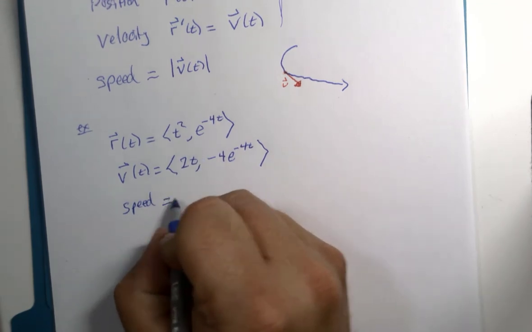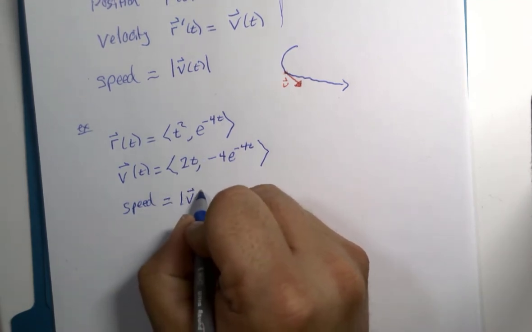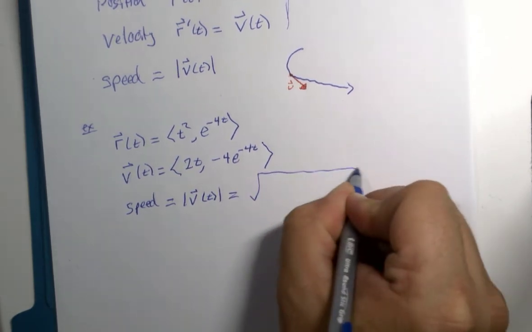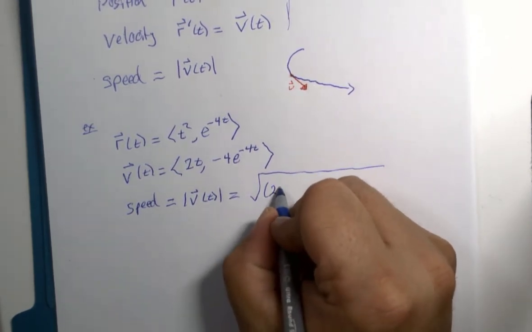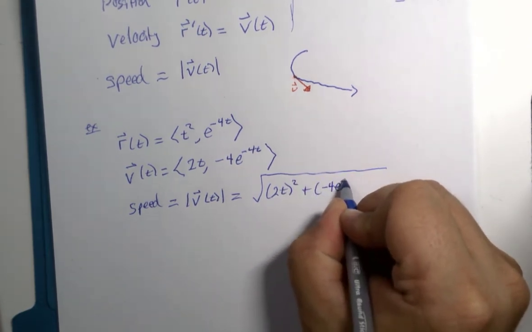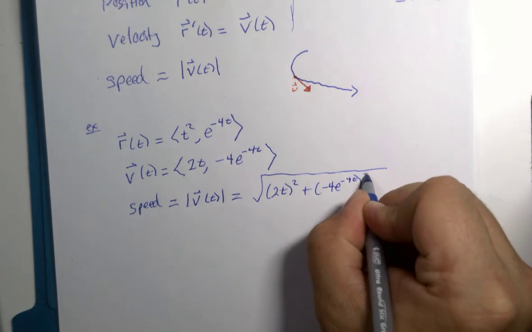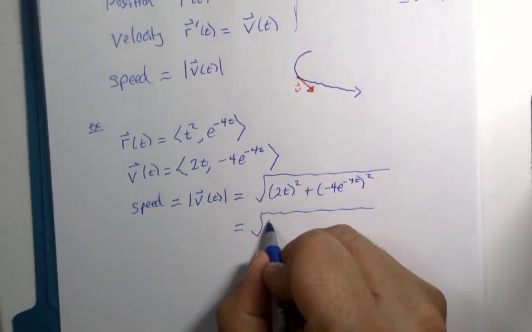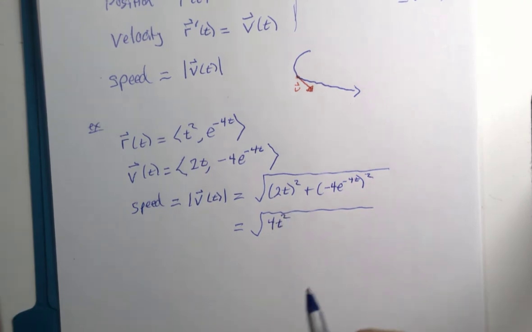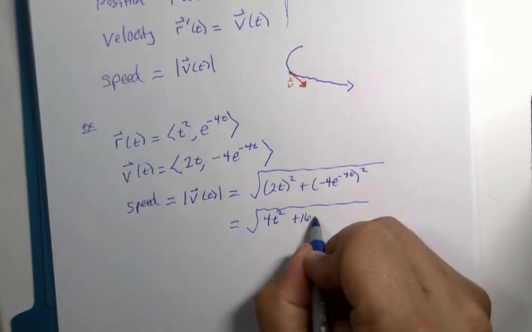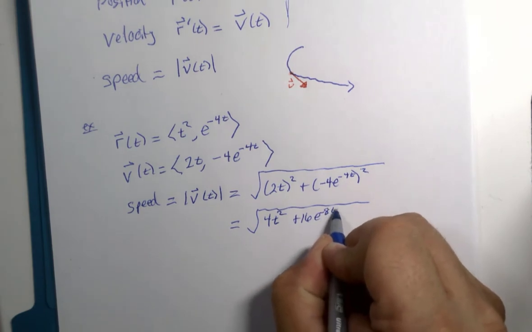I'm just going to write the word speed here. When you calculate the magnitude of that vector, 2t quantity squared plus negative 4e to the negative 4t quantity squared, that's going to be the root of 4t squared plus 16e to the negative 8t.